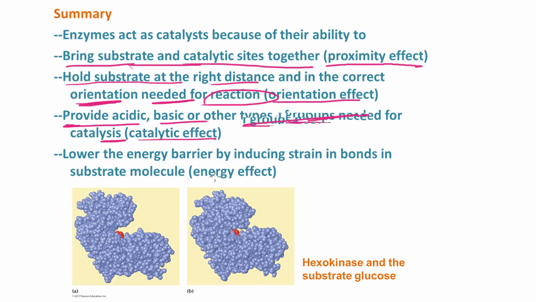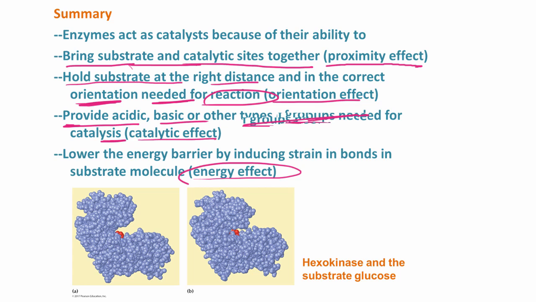And they can lower the energy barrier by inducing strain in bonds in substrate molecules. This is the energy effect. So basically what happens is, remember, you need a lot of energy to break bonds. Because we have a flexible active site, the bonds are just distorted.